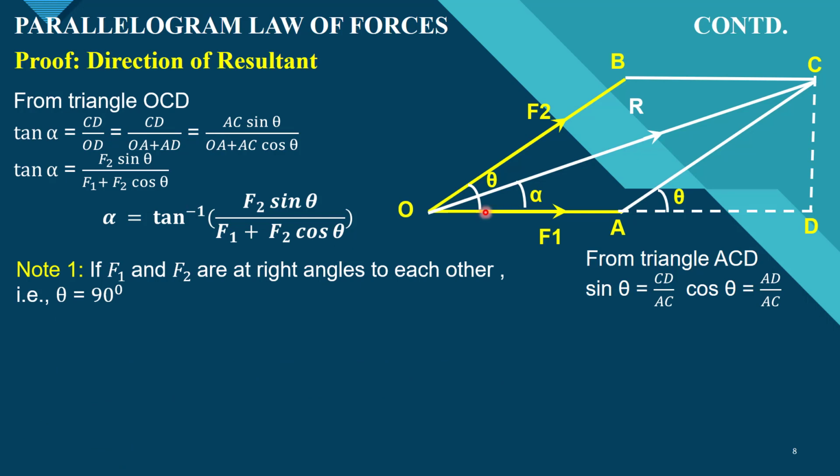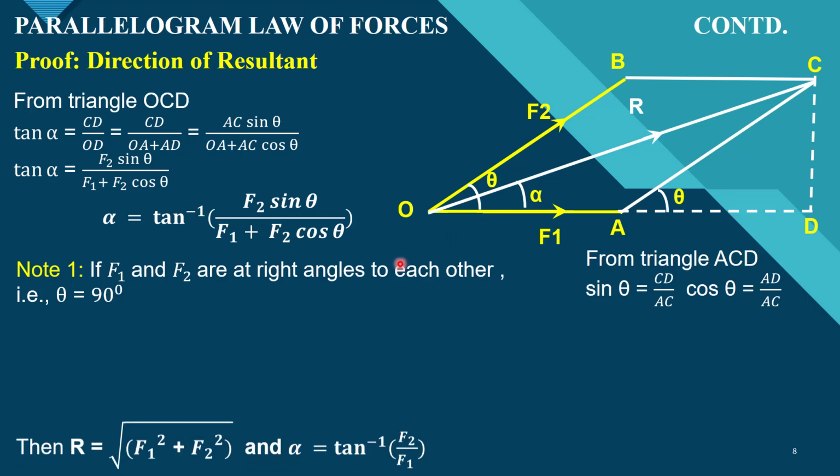First one, let us assume that the angle between the two forces is 90 degree. So what will be the magnitude and direction of the resultant force if the angle between the two forces is 90 degree? You just need to substitute this value of theta in the formula for finding out the magnitude and direction of the resultant force.